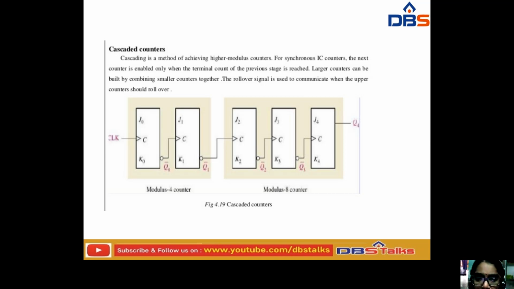So if a larger counter is needed, it can be built by combining small counters together, and the rollover signal is used to communicate when the upper counter should count. So this is the figure related to the cascaded counters.